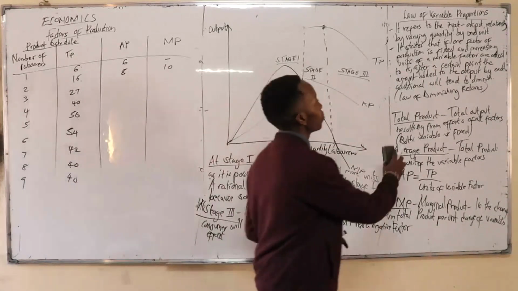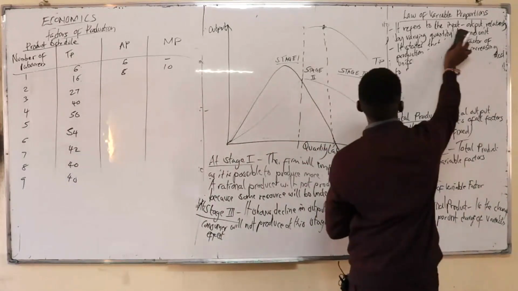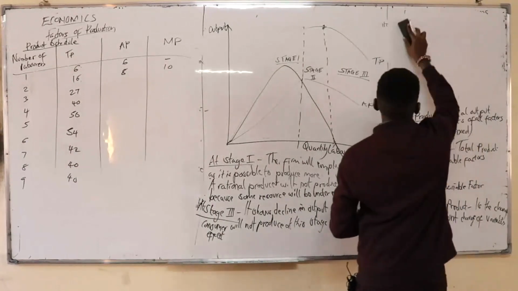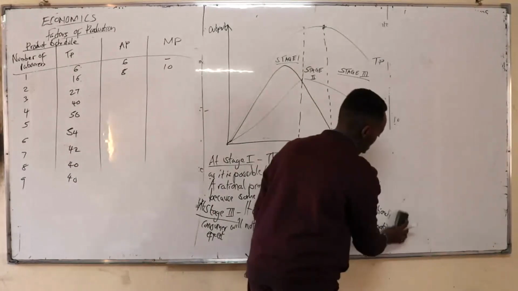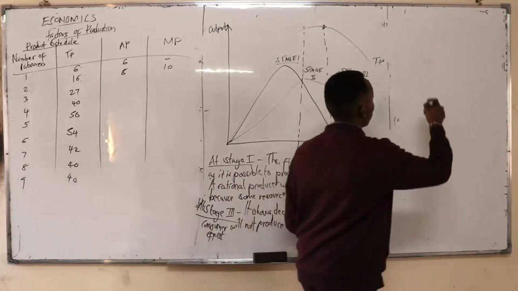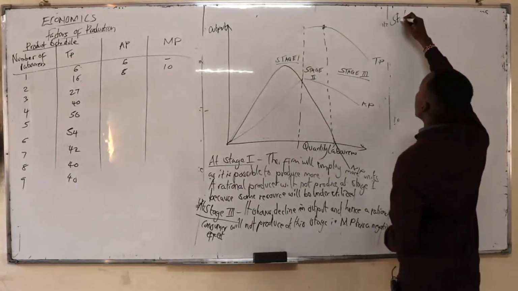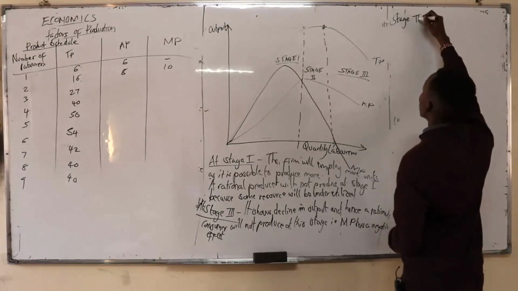So the right stage to produce is at stage number 2. That is where the producer is more likely to produce, at stage number 2.